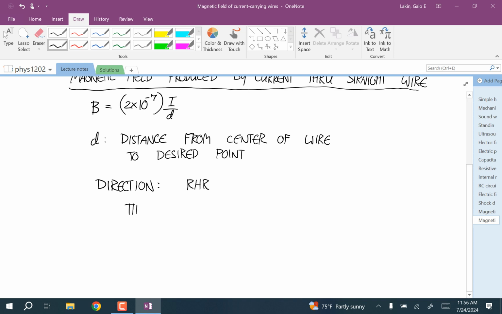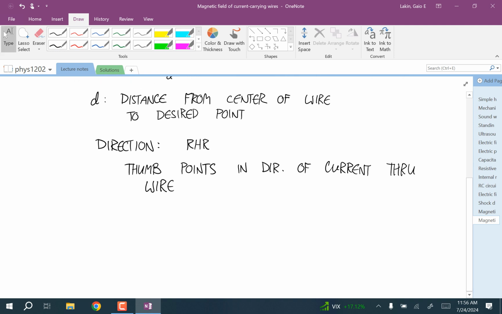Your thumb points in the direction of the current through the wire. And then your fingers curl in the direction of the magnetic field lines.